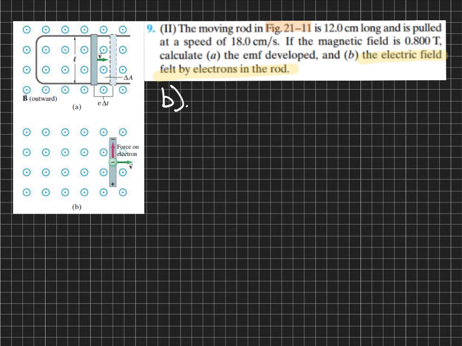For the second part of the problem, we simply need to find the electric field E felt by the electrons in the rod. There are a few different ways to do that. One way is to use the equation for electric field, which is force over charge.